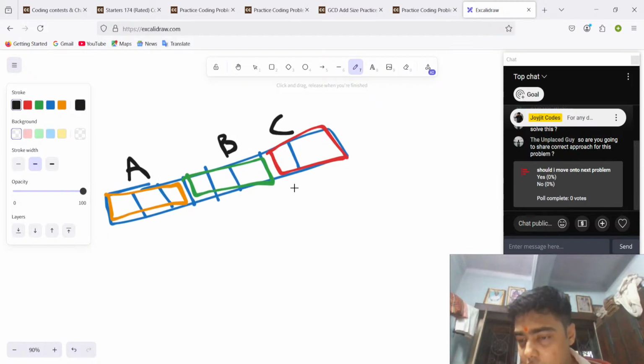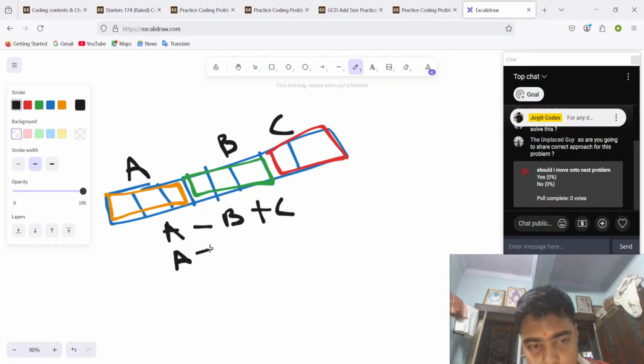So first of all, you have to find the maximum value of A minus B plus C, and the minimum value of it also. Now see, A minus B plus C can also be written as A plus B plus C minus 2B, right?